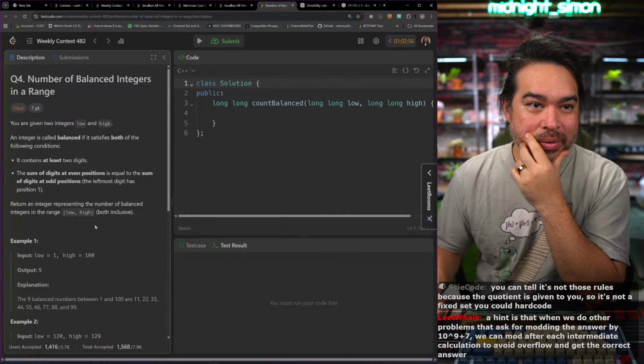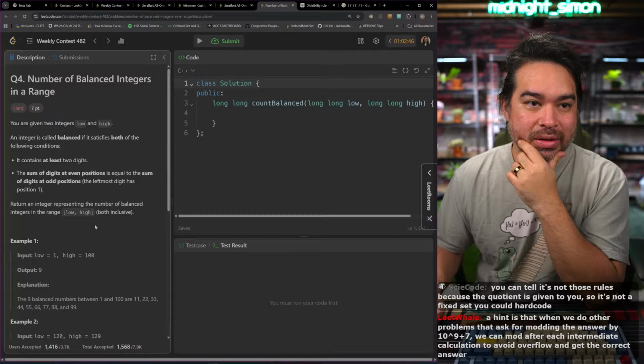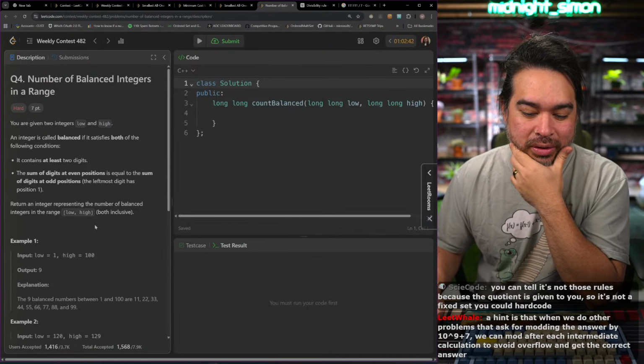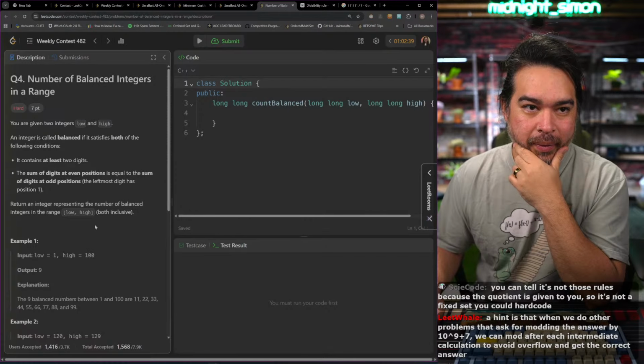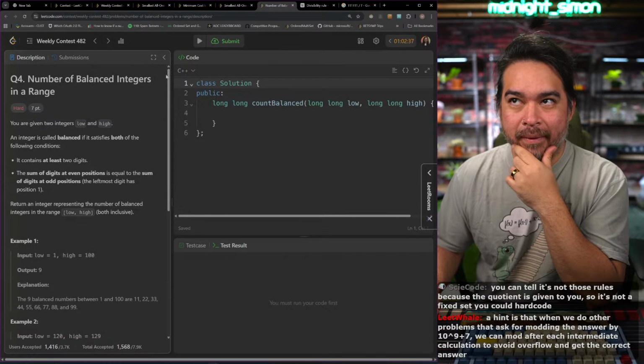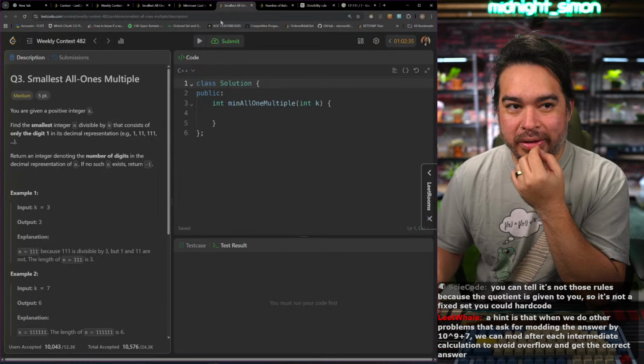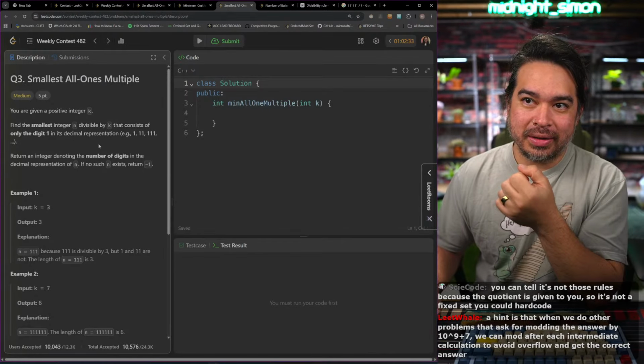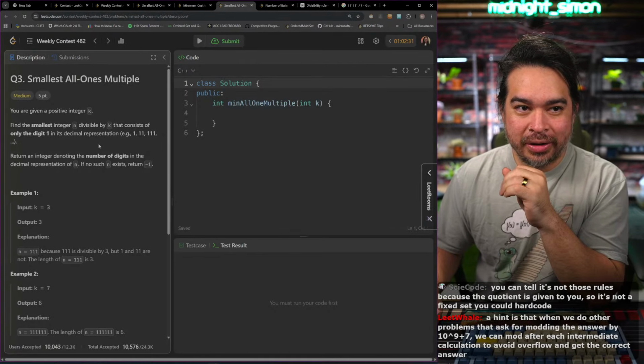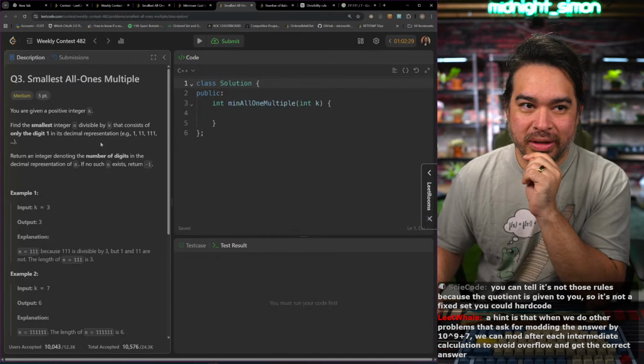Hint is that when we do other problems that ask for modding by 1e9 plus 7, we can mod after each intermediate calculation to avoid overflow and get the correct answer. Oh man, mods is one of my weakest topics. I have no idea about mod rules and how they work.